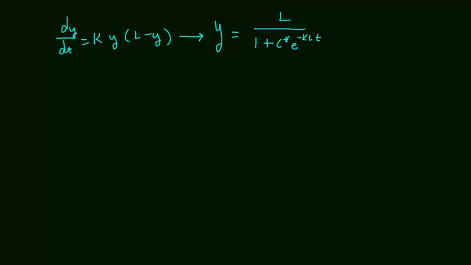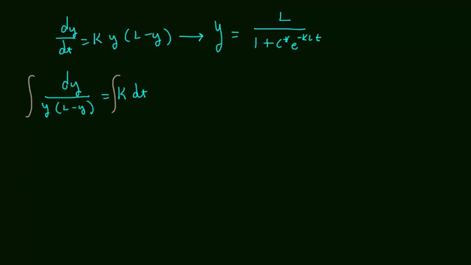Alright, let's begin. I'm going to start by separating the variables. So I have dy over y times L minus y equals big K times dt. Going to integrate both sides. And the integration of the left actually requires partial fractions.